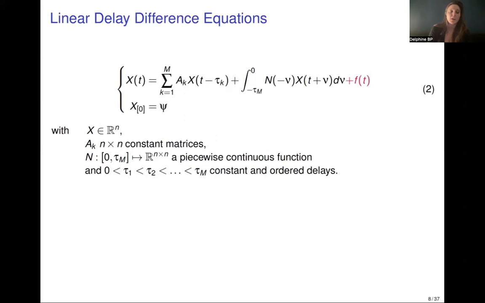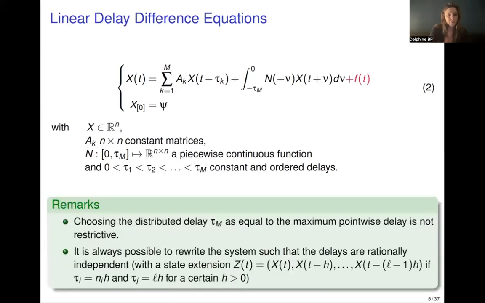Okay, X satisfies this dynamics in which you have m different delays, which are supposed, without loss of generality, to be ordered and constant as well. And you also have this distributed delay with a kernel N, which is supposed to be a piecewise continuous function. And then we're also going to look sometimes at the inhomogeneous problem, where the exogenous signal f is acting on the system.